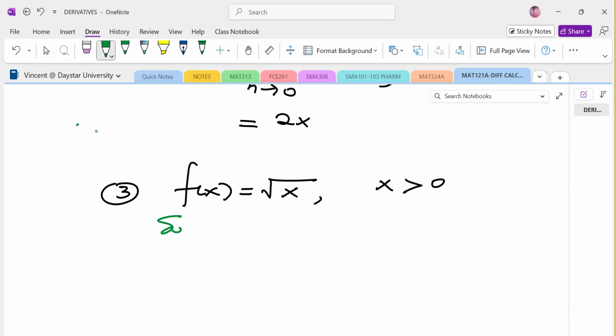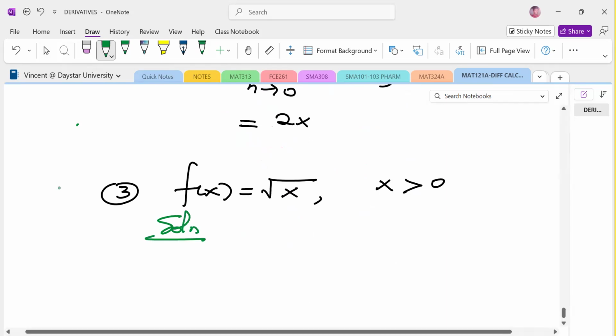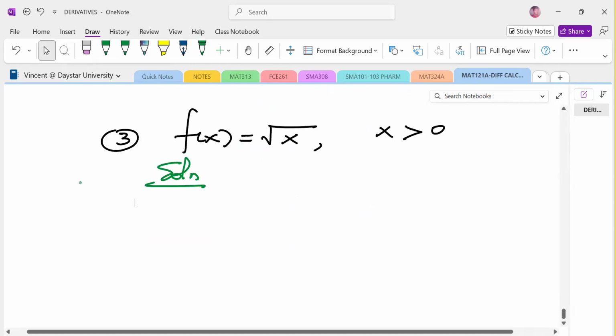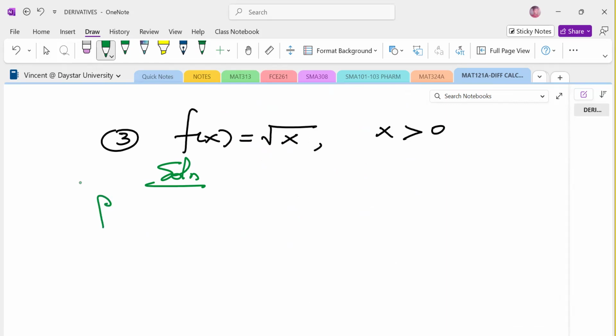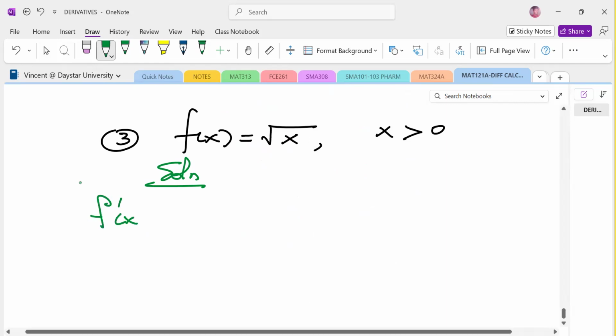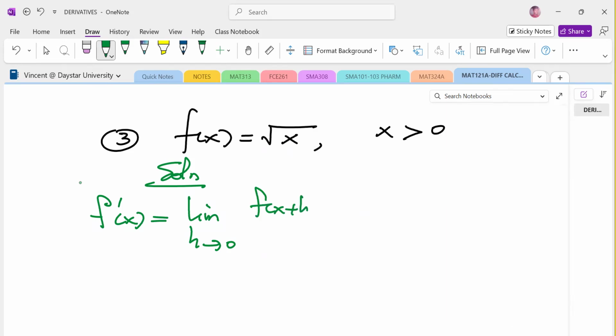So solution, we say, by definition, the derivative f prime of x is the limit as h approaches 0 of f of x plus h minus f of x divided by h.